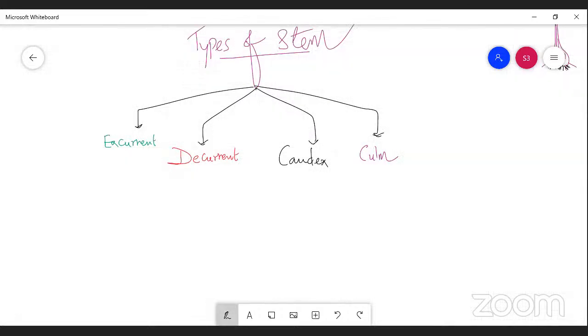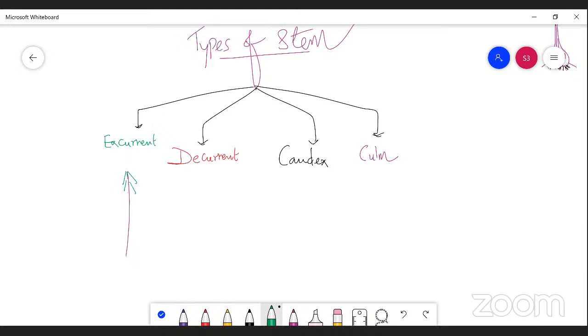An excurrent stem is a stem in which the main axis of the plant grows continuously, and the lateral growth of the stem is very slow as compared with the growth of the main axis.